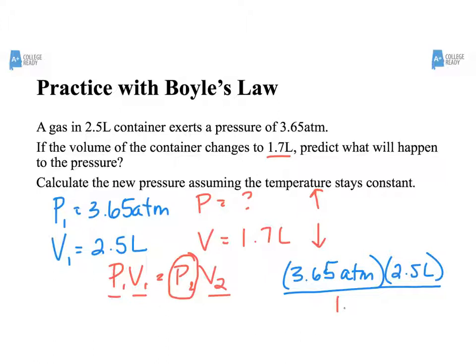So I'm going to say 1.7 liters is going to equal P2. So now I just plug all of that into my calculator and I find P2 is equal to 5.4 ATM, which shows us that indeed the pressure did go up, just like we predicted.